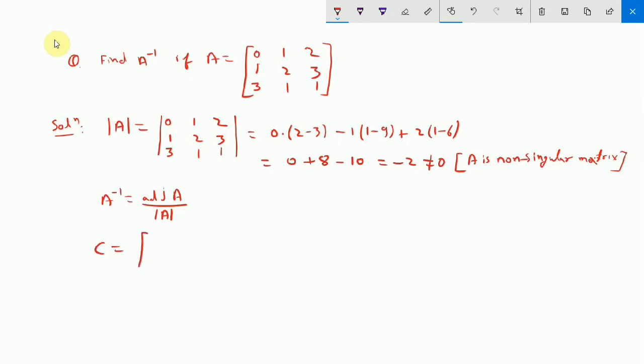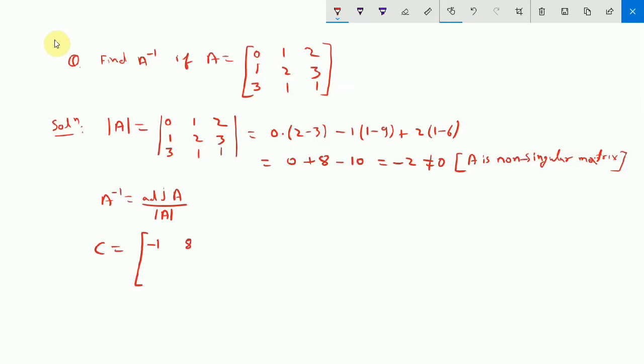So the cofactor matrix: 2 into 1, 2 minus 3, so it will be minus 1; next minus 1 and 1 minus 9, so minus 8 and minus 1 plus 8. Next will be 2. Next is 3 plus 1, so positive only.